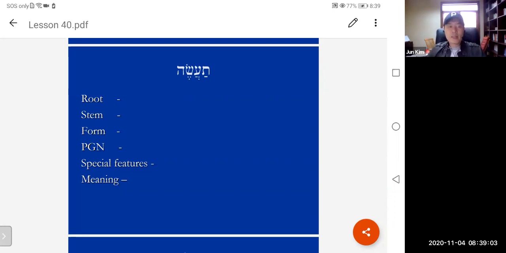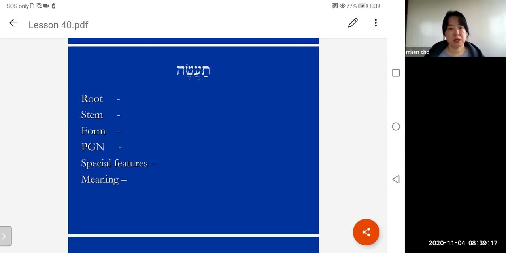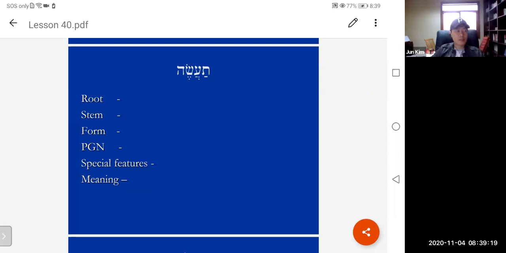Then the form is very straightforward because of the patah: prefix, PGN 3FSG or 2MSG. Yes, Sharon, you're right. Two possibilities: 3FSG, 2MSG. Special feature: none. Then you have to reflect on two meanings for kal and hifil, and 3FSG and 2MSG. Those all possibilities should be included there. Is it clear? Okay, let's move on.